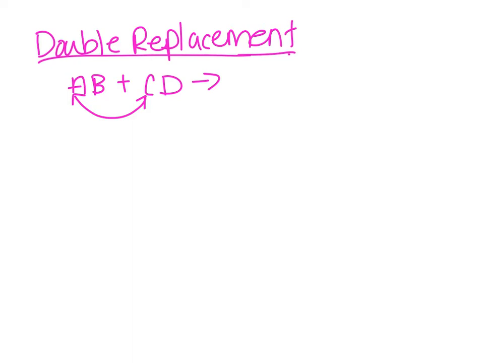Okay, I would just keep it simple and take the first two things listed and switch them spots. Okay, that's it. All right, so then you would end with CB, so if you notice, C is still listed first, plus AD. Okay? All right, so important thing on this would be definitely remembering to crisscross charges.